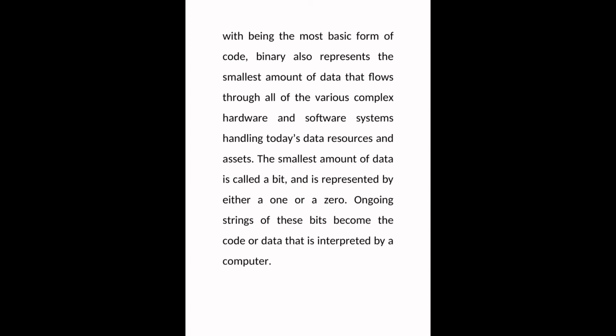Then it converts the result into high level language on the computer screen, because humans can only understand high level language, not zeros and ones. So the smallest amount of data in storage is the bit. A bit consists of zeros and ones.